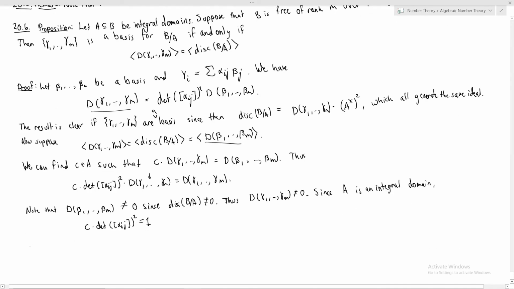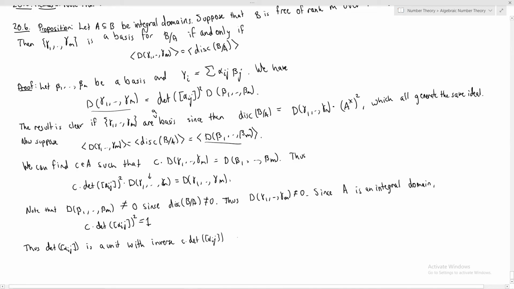Okay, and from this, thus, what do we see? We see that the determinant of alpha ij is a unit, with inverse C times the determinant of alpha ij.